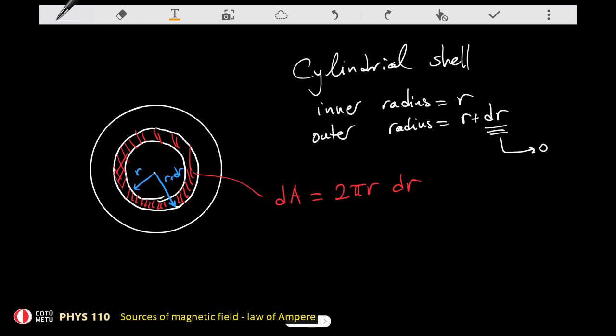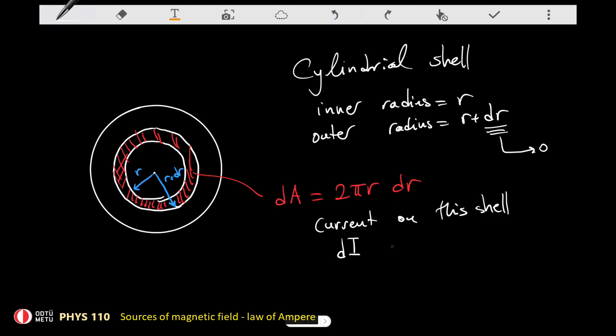So let's just write this down. Current on this shell: the current is flowing everywhere, but part of it is flowing on this shell. Let me show this current as di, because this would also be an infinitesimal in the limit where dr goes to 0. That would also go to 0.